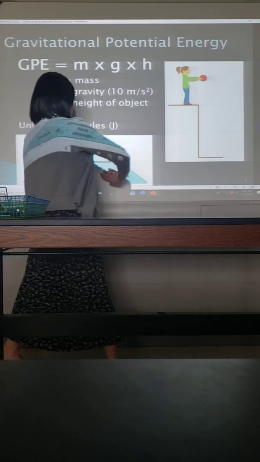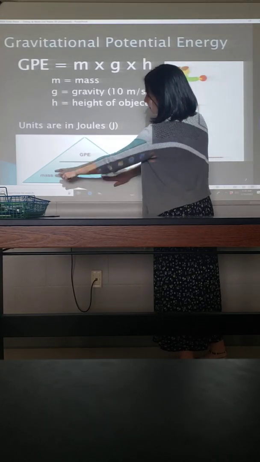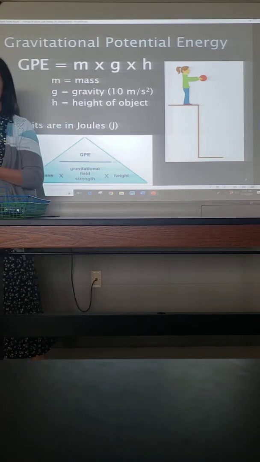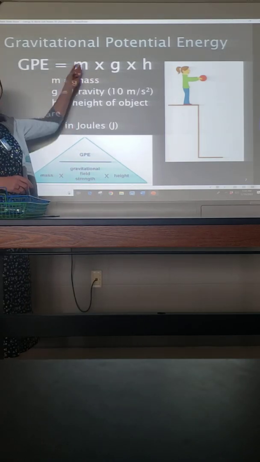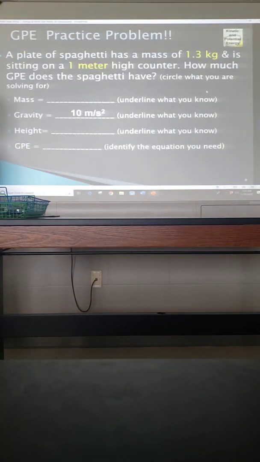Or if I'm solving for height, I cover it up, and height will equal GPE divided by mass times gravity. So there's just one extra multiplication because there are 3 variables involved, not just 2. And as we get to these practice problems, it's pretty easy. Looks a little funky in the triangle, but it's not bad.